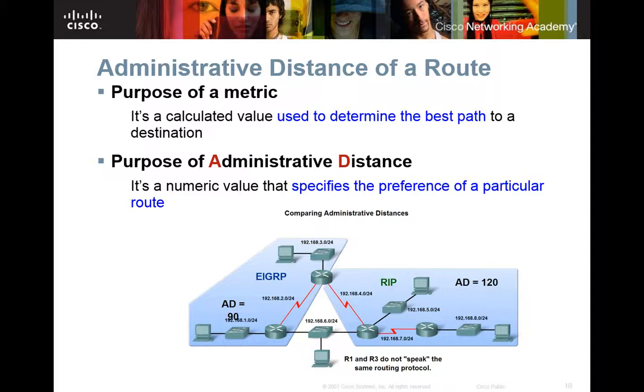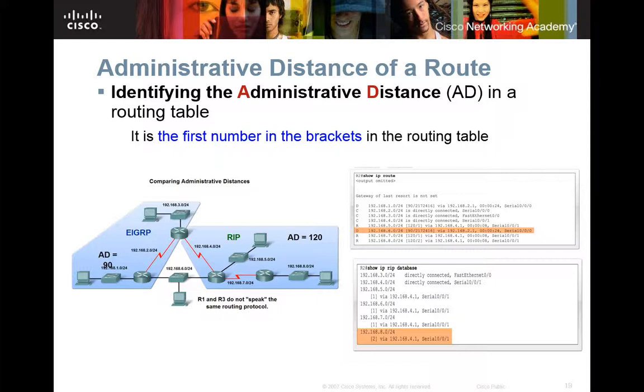If I need to get data over here from over here, what's going to happen? It's got to go through those 90 and the 120, right? That's the administrative distance that tells you how long it's going to take to get there. Y'all can see how it's going to do it.